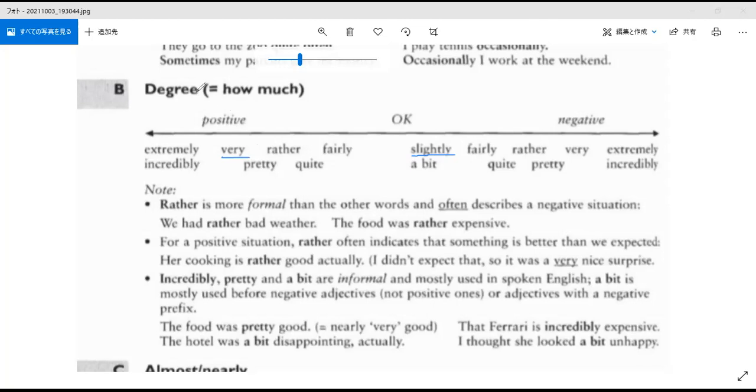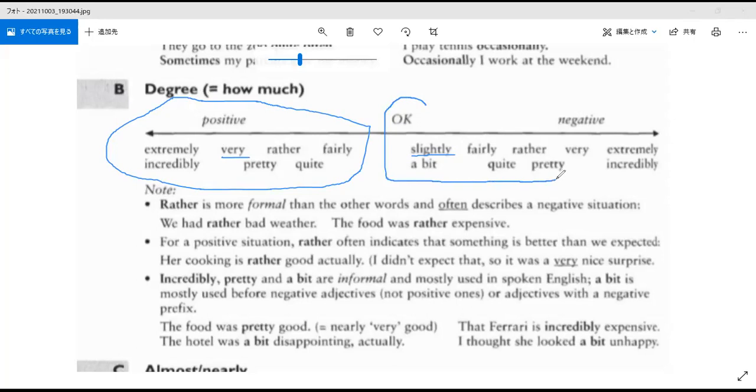Jadi degree is how much, jadi seberapa banyak gitu. Like these are the adverbs that you will find if it's positive, or okay, like slightly, a bit, fairly, rather, pretty.